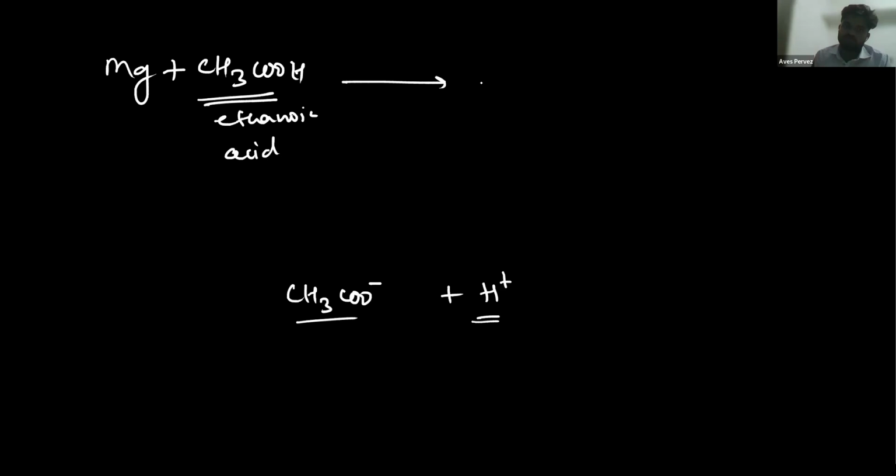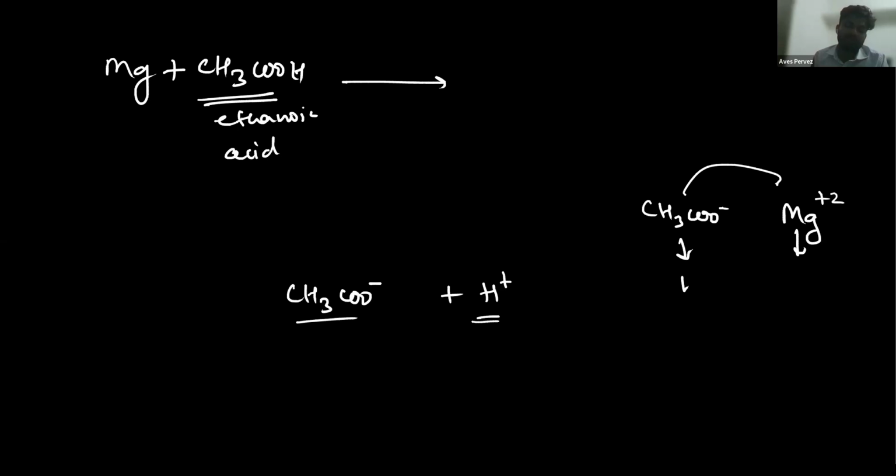Mg(CH3COO). This CH3COO minus is going to have one valency. Since I'm writing magnesium here on this side, in general we write the positive ions on the left hand side and the negative ion on the right hand side. But in the case of the acetate ion, CH3COO minus, we have to write it differently.